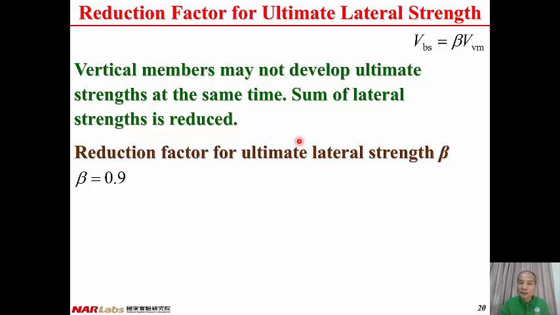Therefore, the sum of lateral strength of the vertical members has to be reduced, and the reduction factor for the ultimate lateral strength, beta, is assigned to be 0.9. Therefore, VBS, the base shear strength of the building, equals beta times VBM, and VBM is the sum of the lateral strength of all vertical members.